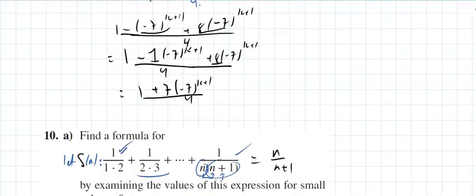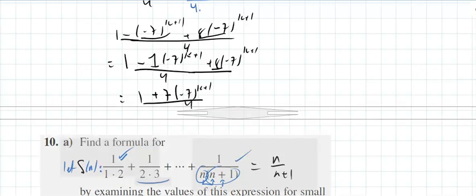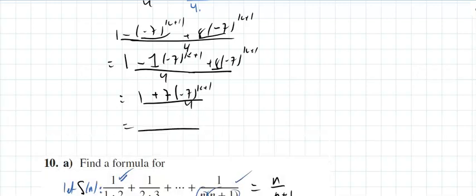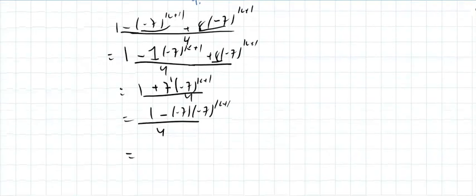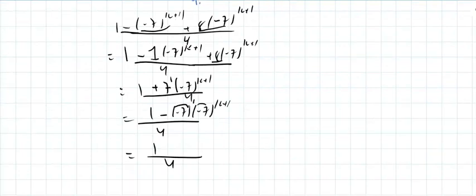And do you notice that this is 7 to the k plus 1? Okay, I'm going to take a minus out of this and make that negative 7 times negative 7 to the k plus 1, all over 4. Now, if I take this times this to the power of 1, you will simply add the powers.